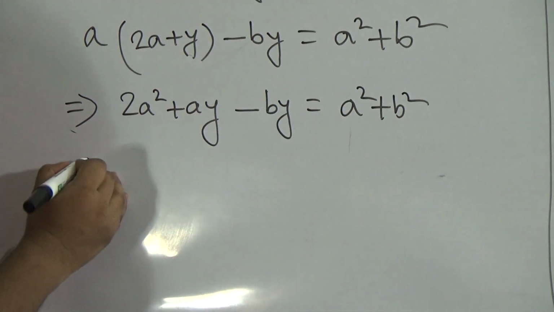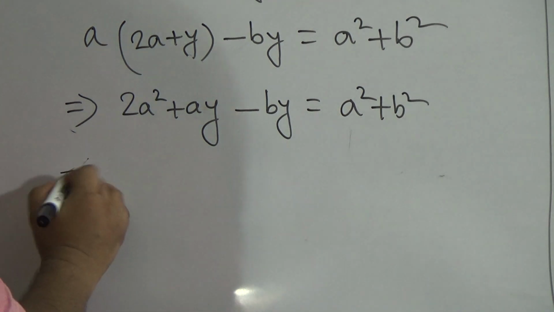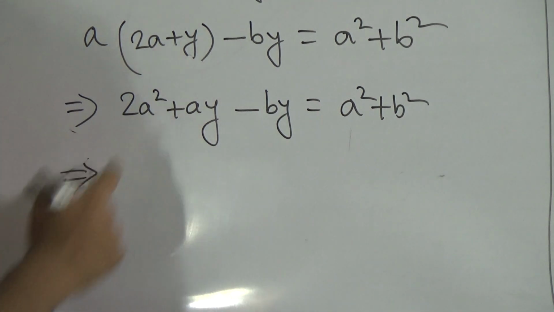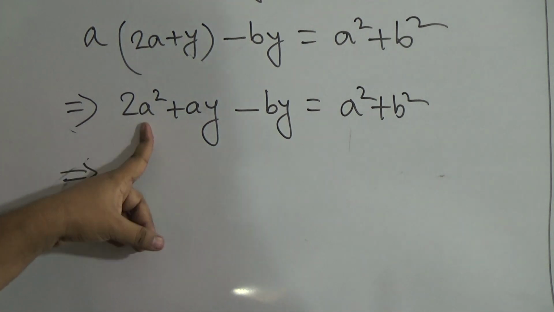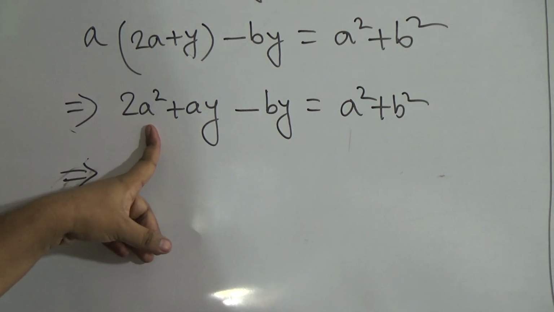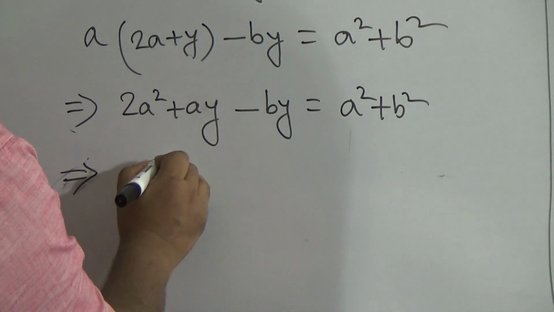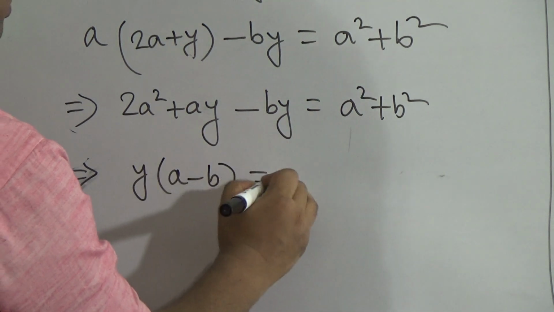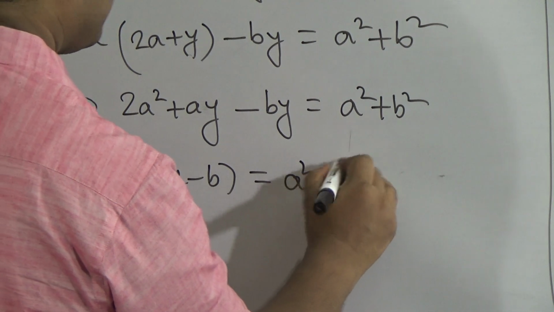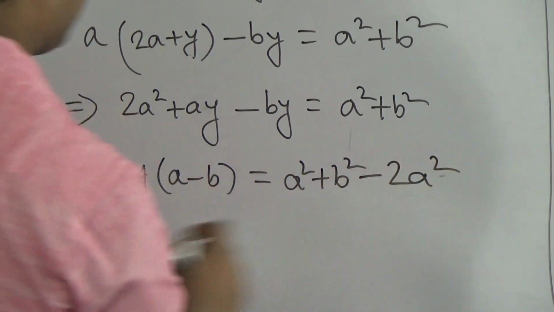Dear students, please notice this is 2a square without a variable. So we change its position, that means it goes to the right hand side, and from this we take y common and are left with a minus b, and a square plus b square minus twice a square.